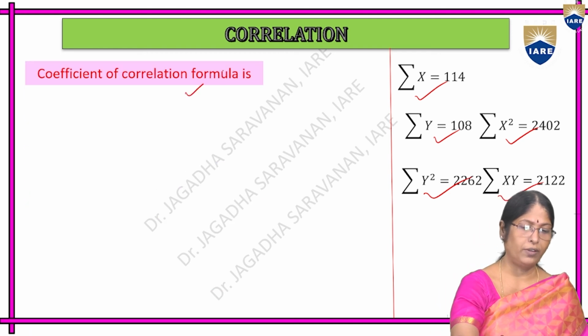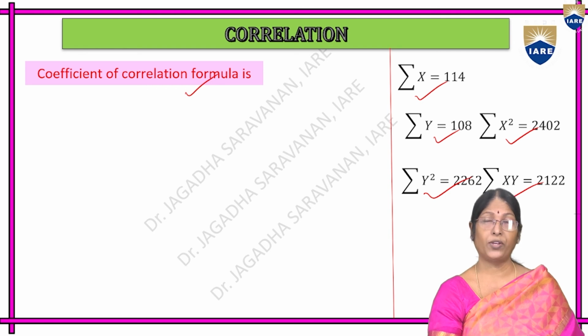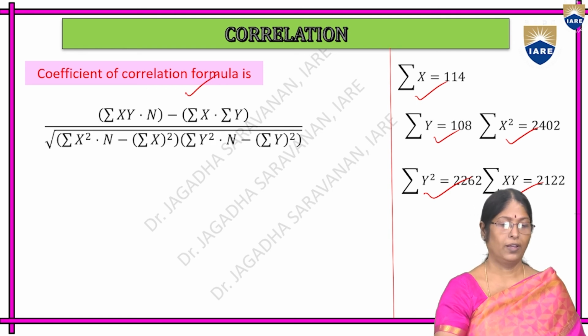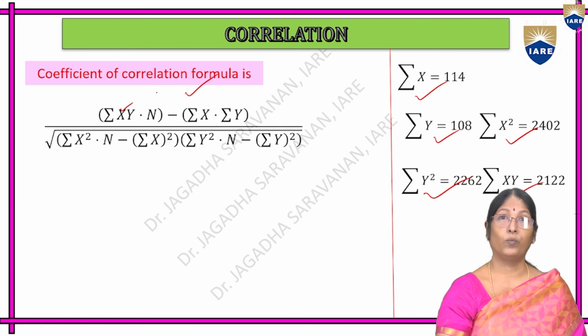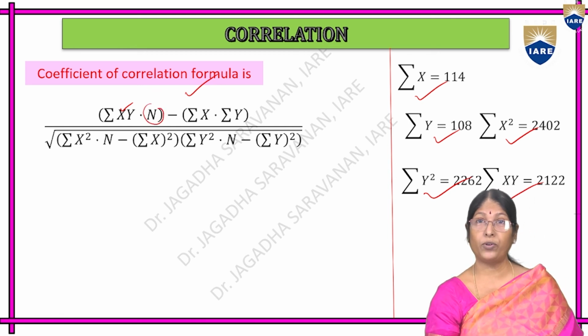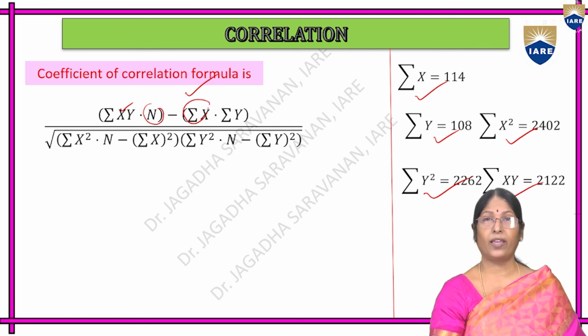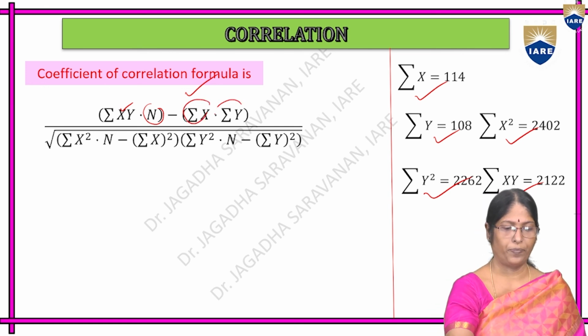Now we will enter into the formula. Our coefficient of correlation formula is summation xy multiplied by n, where n is the number of paired data, minus summation x into summation y.